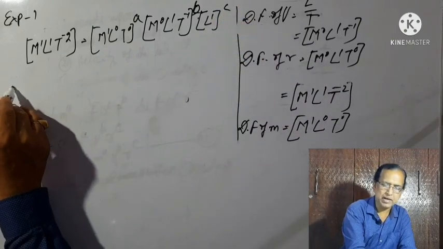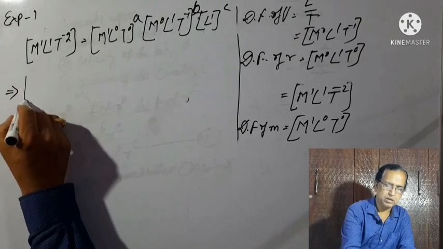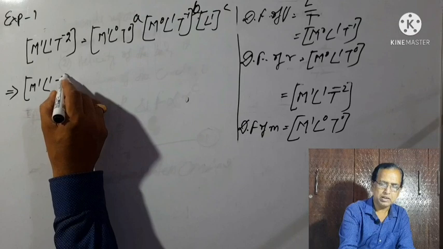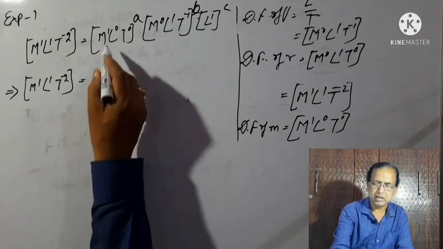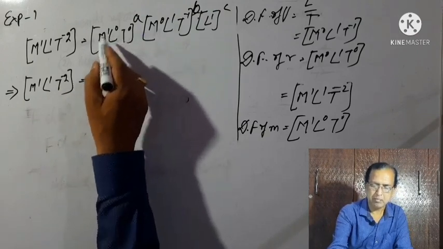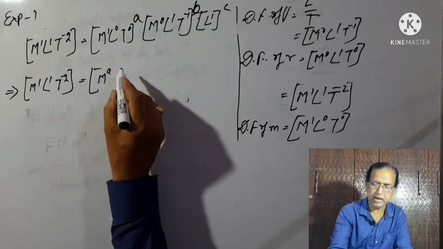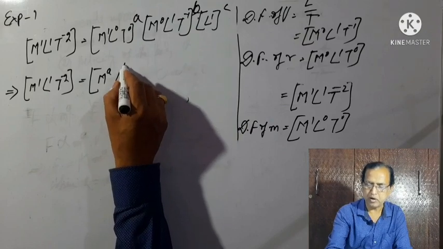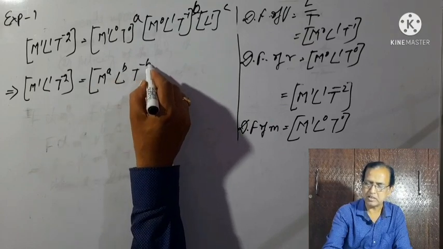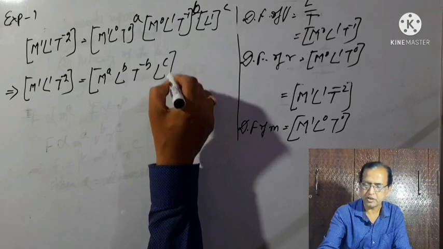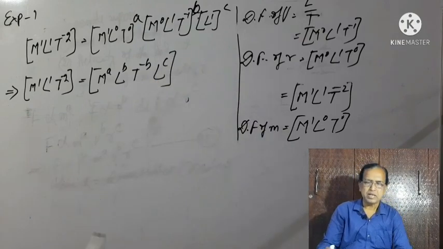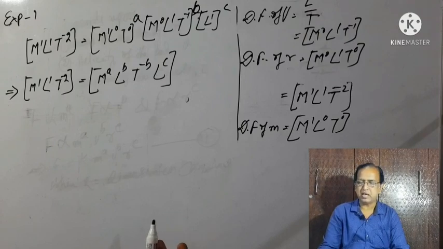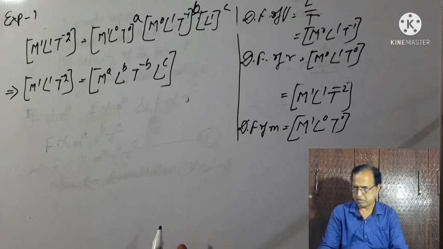So this implies M1 L1 T minus 2 equals M to the power a, L0 T0, then L to the power b, T to the power minus b, L to the power c.